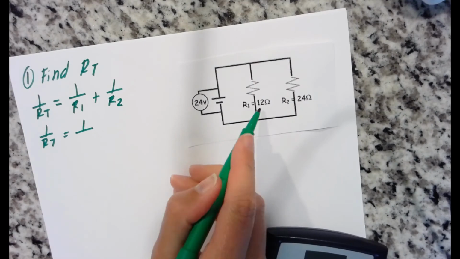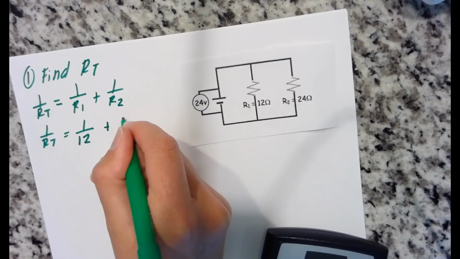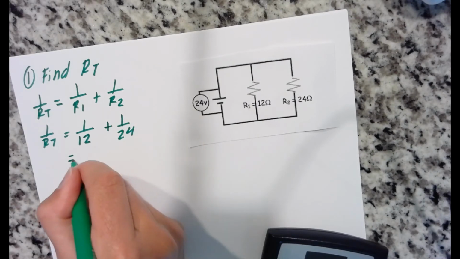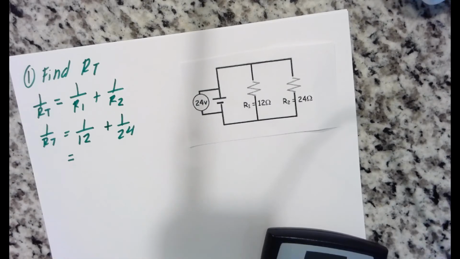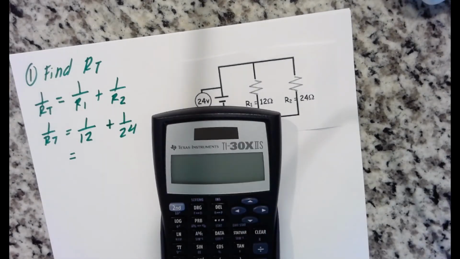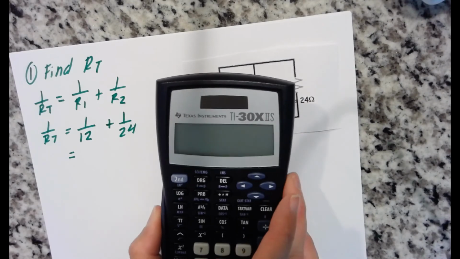R1 has a resistance of 12 ohms, and R2 has a resistance of 24 ohms. How you go about solving this part is really up to you. I'm going to illustrate how to do it on my calculator in the easiest way possible, but if you are comfortable doing this step all in one step in your calculator, that's fine as well.